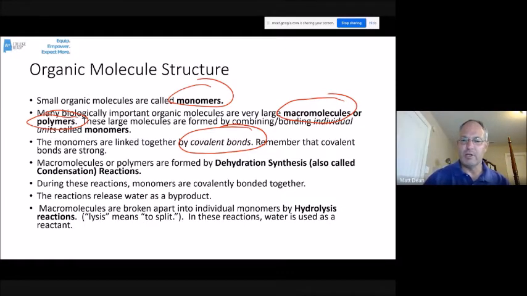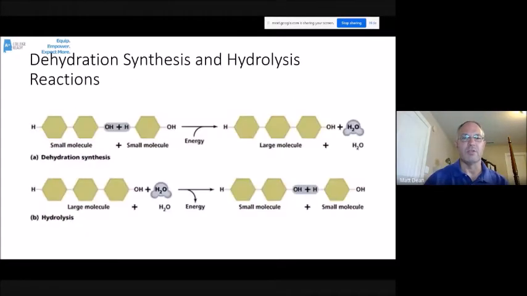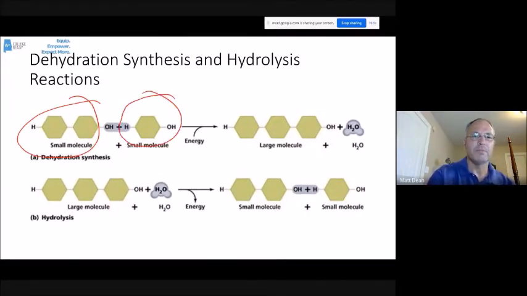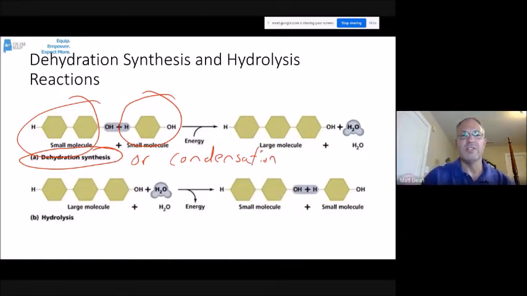And I want to go to another slide to talk about these two types of reactions. So here we have a monomer, and here we have another monomer. In this case, these monomers are going through what's called a dehydration synthesis, or you can also sometimes hear these called condensation reactions. These reactions build polymers.